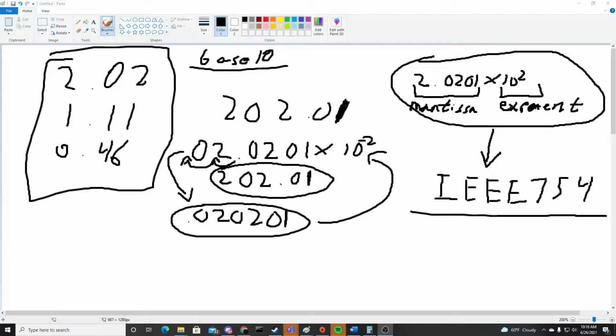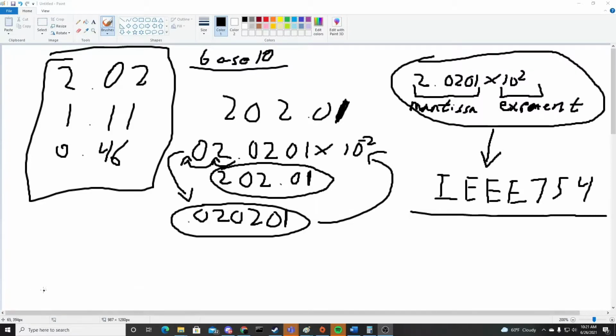I think the revisions were relatively minor, but I would recommend doing a quick Wikipedia search for the 2019 revision of the IEEE 754 standard, if you so wish, just to see what those revisions were and how it enhanced the IEEE 754 standard when we store floating point numbers on a computer.